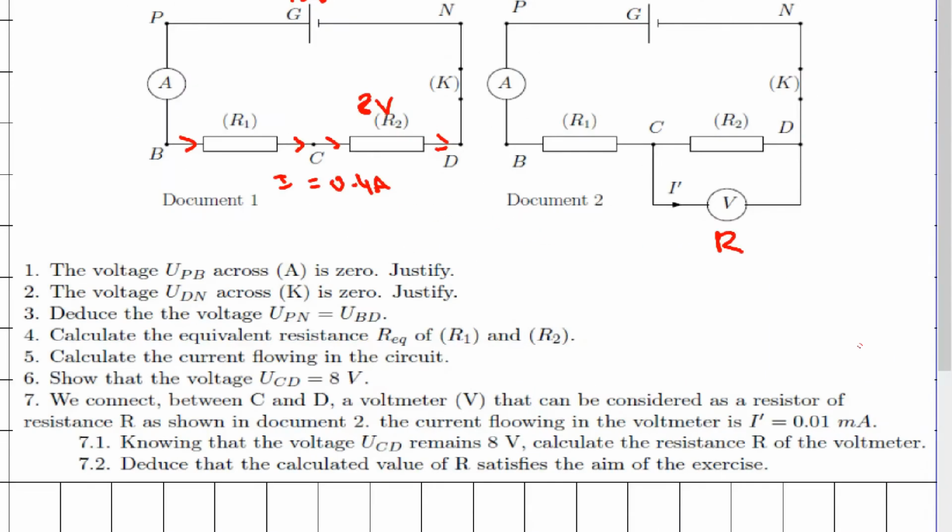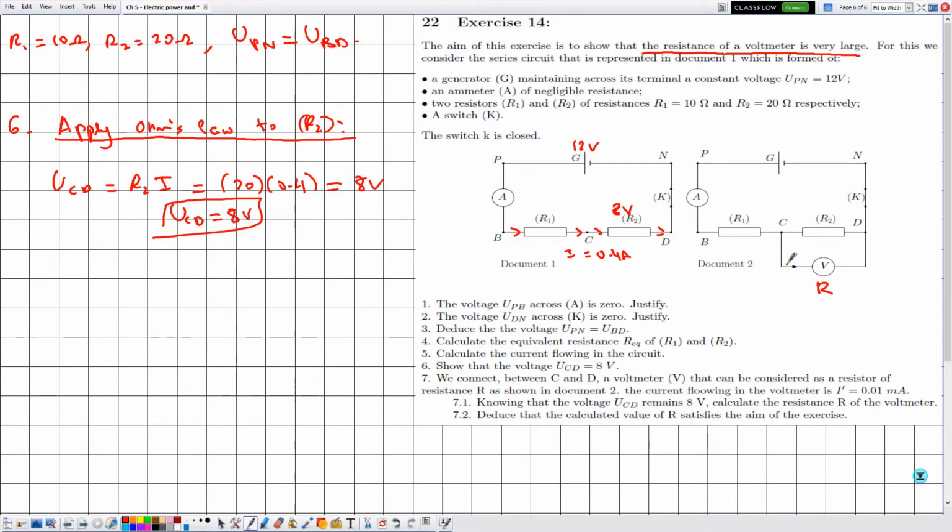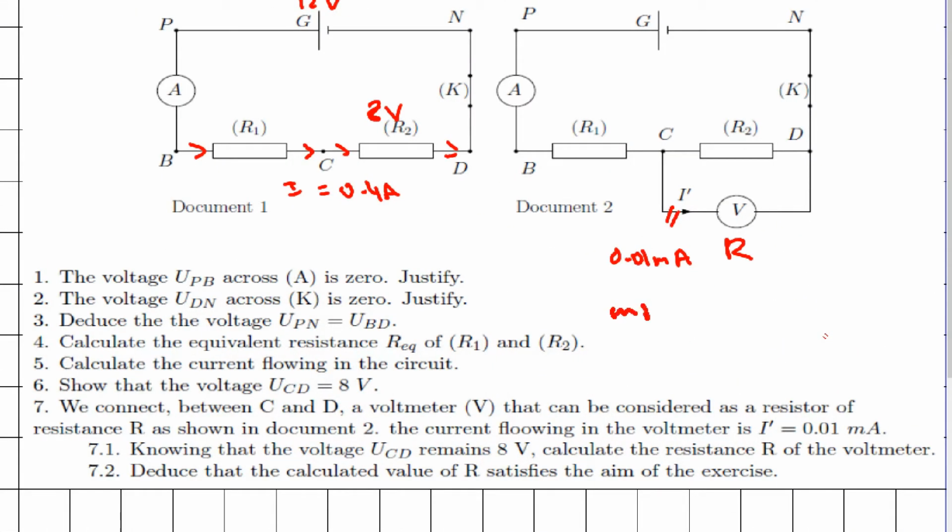The current flowing in the voltmeter, so this is the current I prime, which is equal to 0.01 milliamperes. Okay, and recall that in order to convert from milliamps to amps, we divide by 1000.